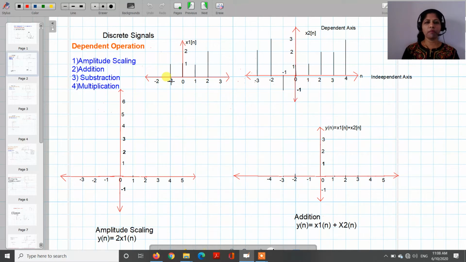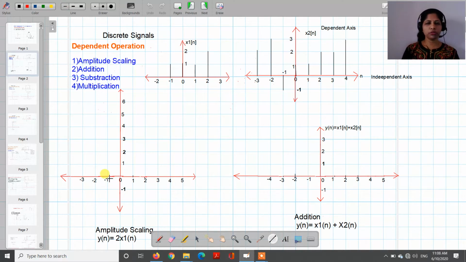For example, at -1, the original amplitude is 1 multiplied by 2, so for y[n] at -1 we get amplitude 2. In the same way, at 0 for x1, the original amplitude is 1 multiplied by 2, so at 0 the amplitude is again 2.